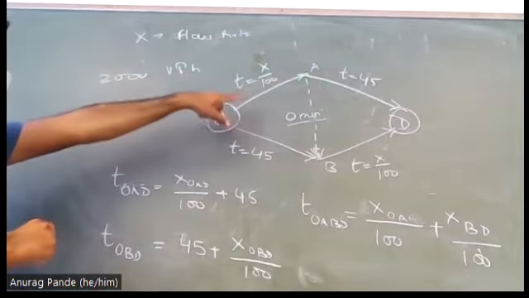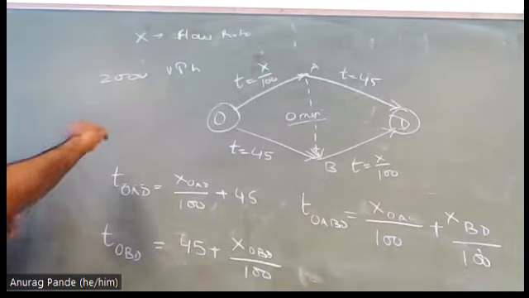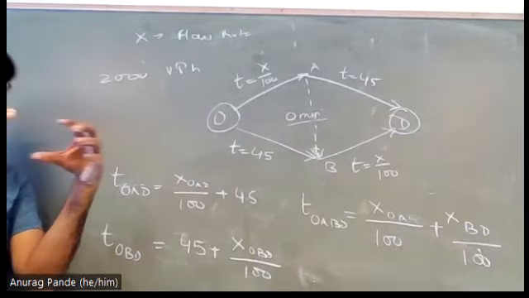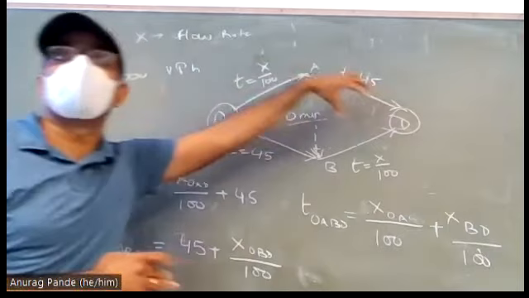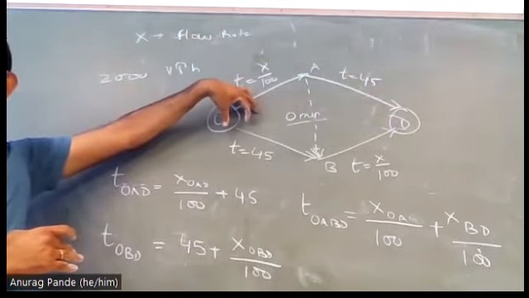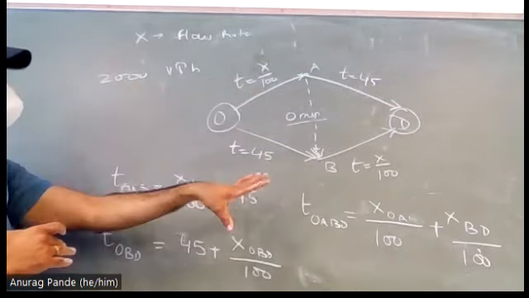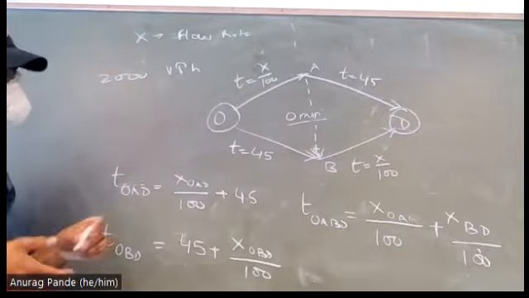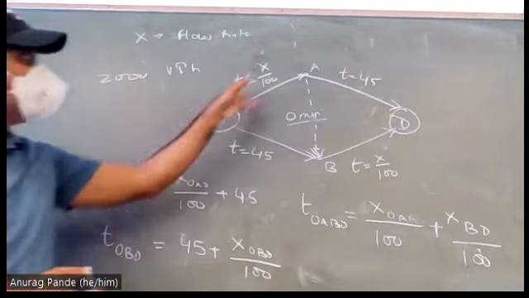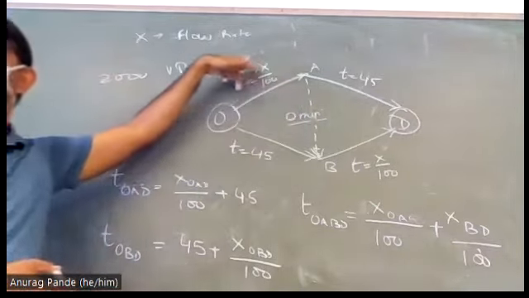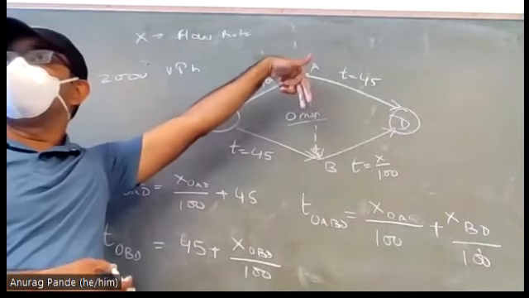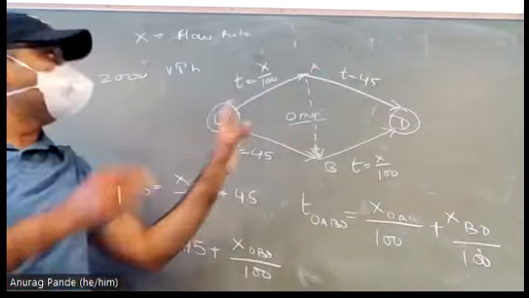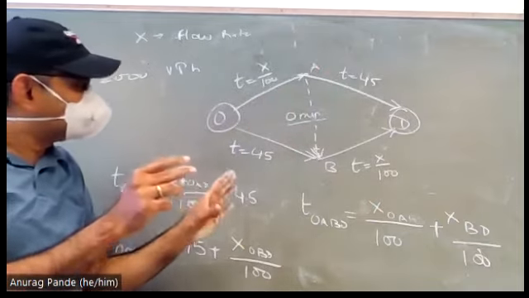But okay, I need to come up with a number. What I'm trying to say here is that there might be scenarios of total demand at which you might actually be worse off in terms of aggregate travel time having this link in there. Having this link in there makes the travel time worse.